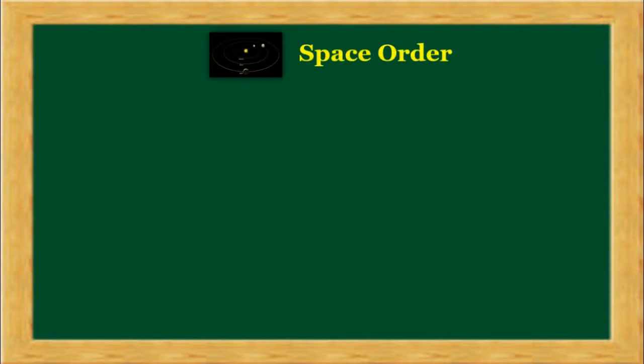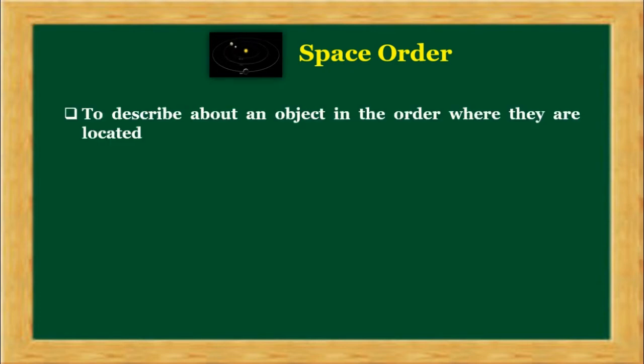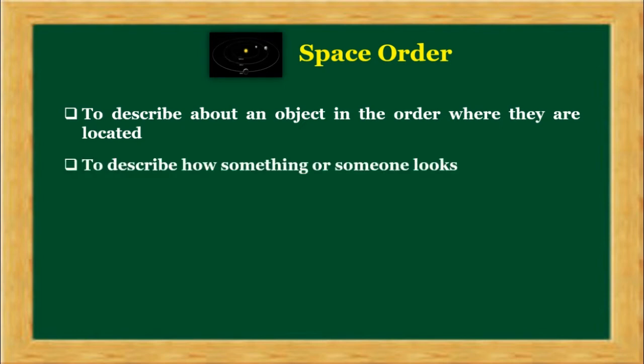The second type of paragraph order is the space order. The space order means that you explain or describe objects in the order where they are located. Second, the space order is used to describe how something or someone looks.